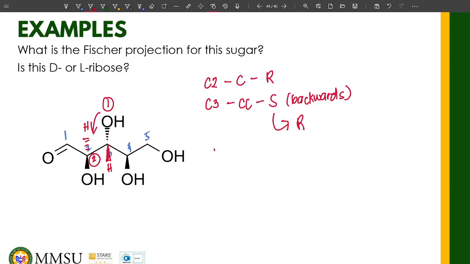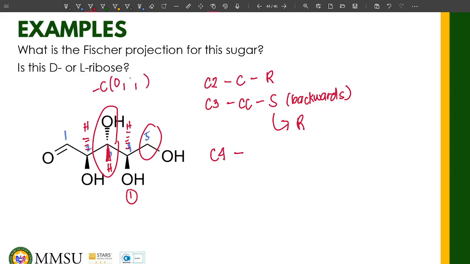And then the last one is C4. This is the first configuration, and the hydrogen is at the back. Then this is CH2OH, and this is CH, C with O, hydrogen, and carbon. Comparing carbon and hydrogen, obviously the left side has the higher priority. So here is your second priority, and the direction is clockwise.